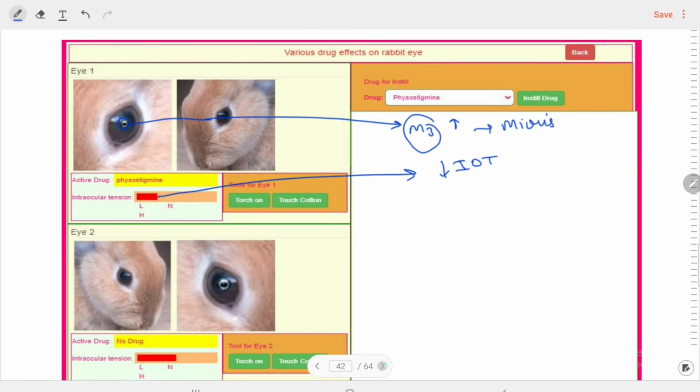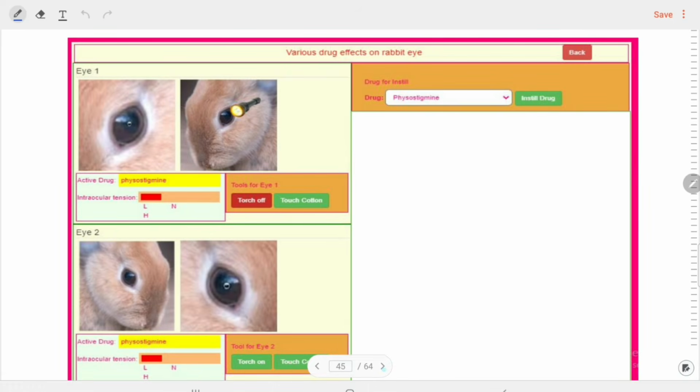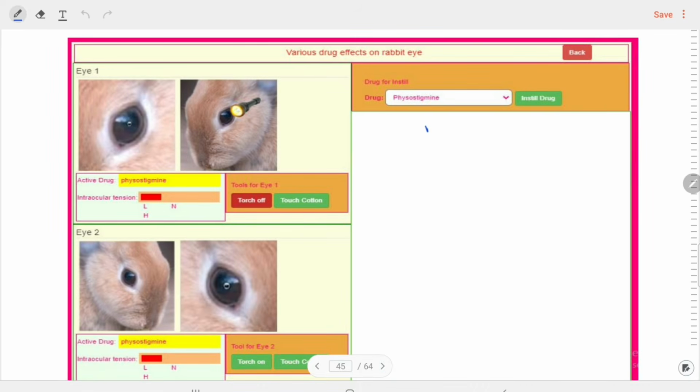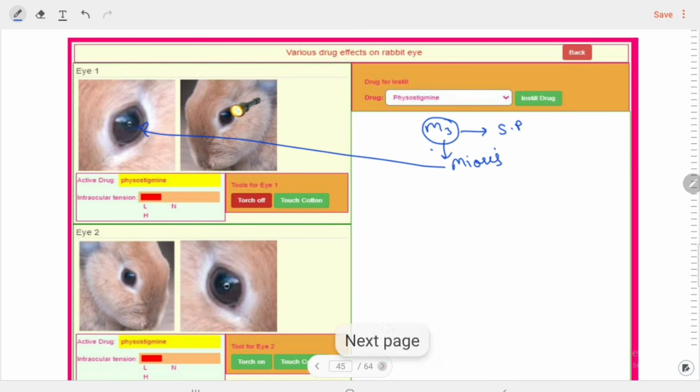What about the light reflex? Light reflex is present because we are now activating the M3 receptors, and the M3 receptors are present in sphincter pupillae muscles that are getting activated and cause the light reflex, that leads to even more meiosis. And what about the corneal touch?